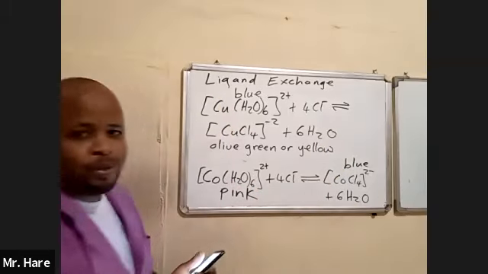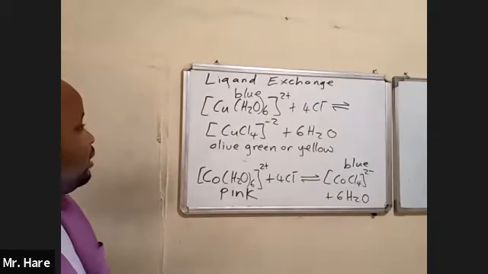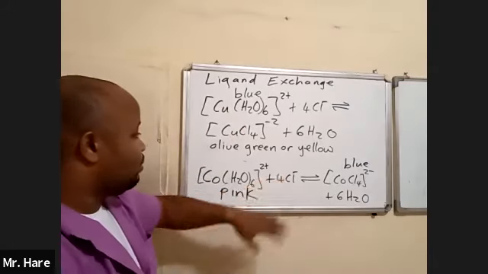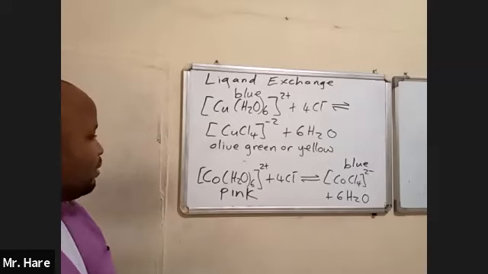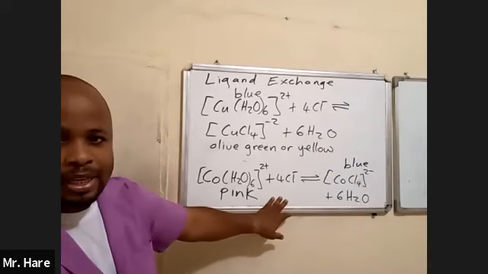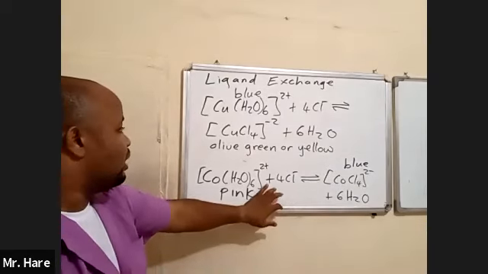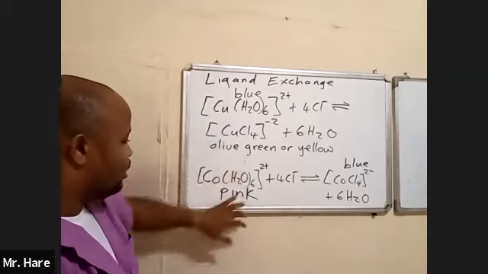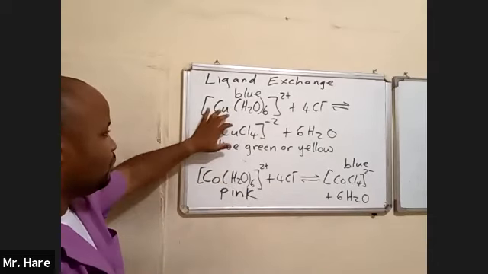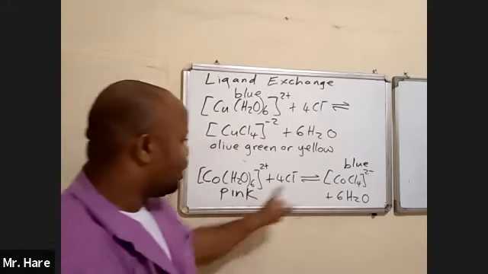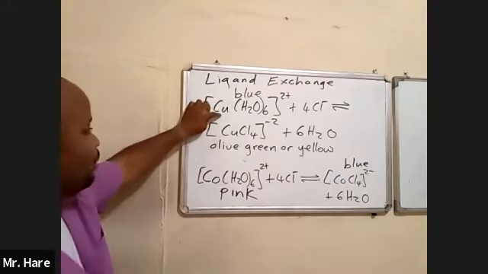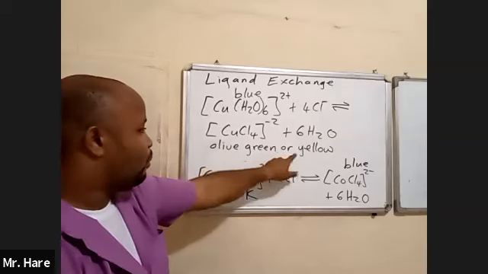So the color change for this is from blue to yellow. These are the two reactions you must remember: with cobalt, it's from pink to blue, and with copper, it's from blue to yellow.